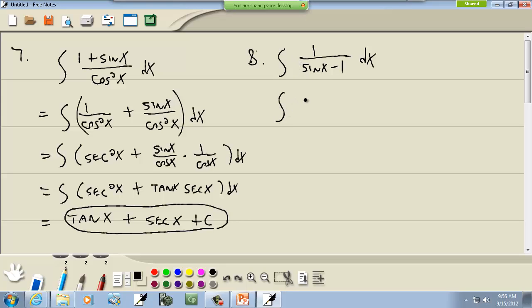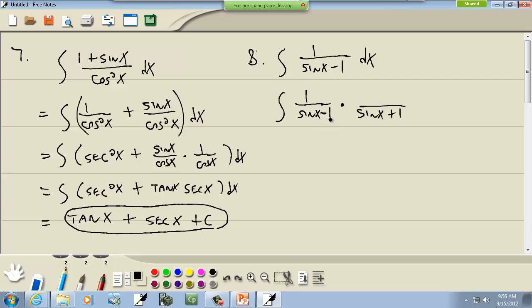Well, one of our trig tricks said if you've got a trig expression of some sort downstairs and then plus or minus something else, one thing you could try, and it really is as vague as that, you could have sine x minus 1, sine x plus 1, even possibly a sine x minus another trig, like cosine x or tangent x or something. One thing to try, which won't always work, is to multiply the top and bottom by the conjugate of the bottom.